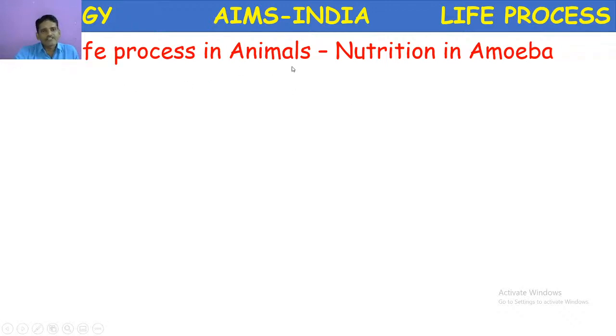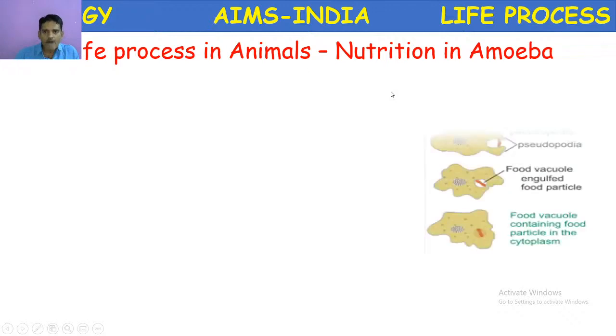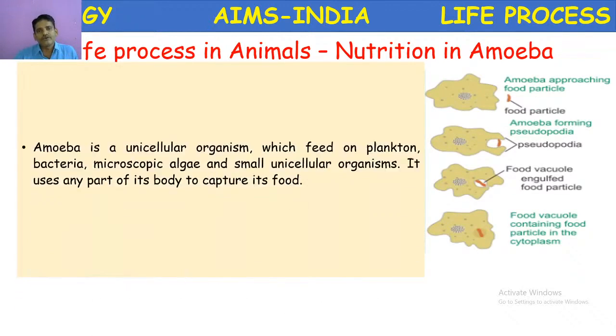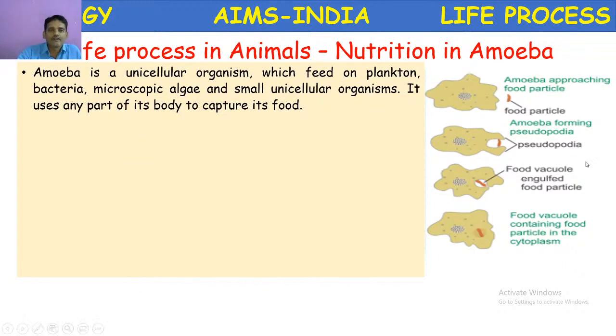Life process in animals, nutrition in amoeba. As we all know, amoeba is a unicellular organism. This amoeba feeds on plankton, bacteria, microscopic algae, and small unicellular organisms. It uses any part of its body to capture its food.